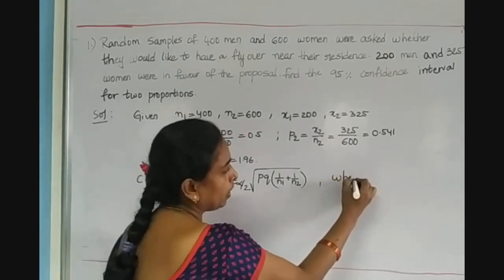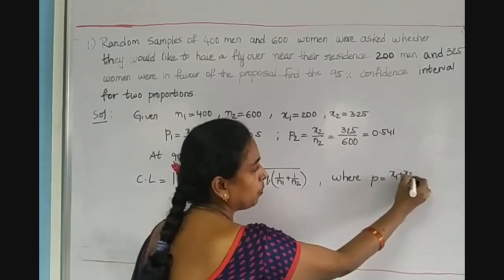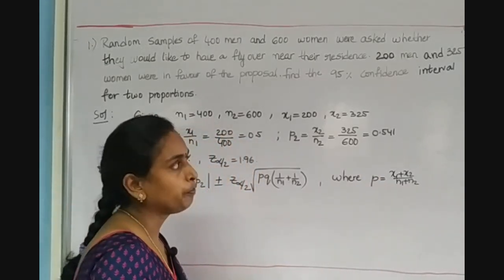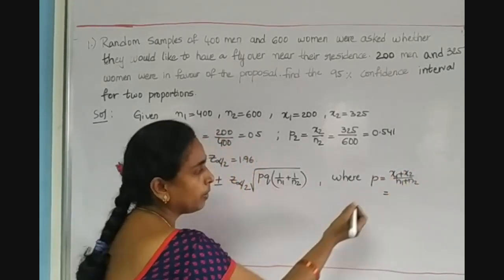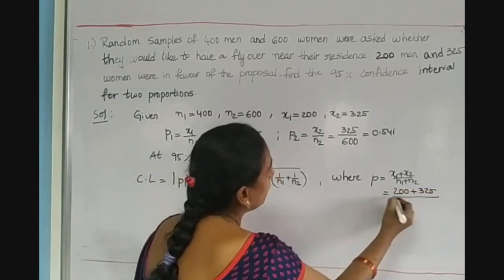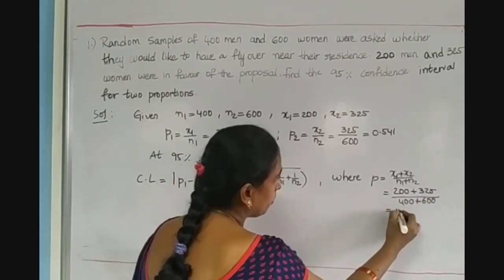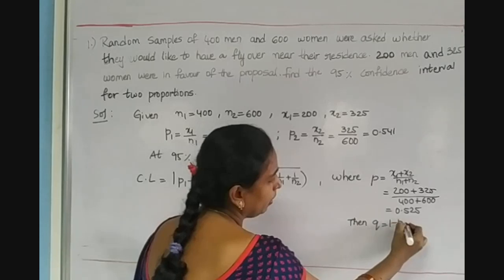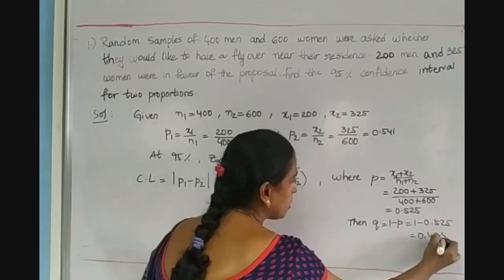Here the sample proportion P equals X1 plus X2 by N1 plus N2, or we can find P by using the formula N1 P1 plus N2 P2 by N1 plus N2. Since X1 and X2 are known, simply 200 plus 325 by 400 plus 600, which is 0.525. Then Q equals 1 minus P, that is 1 minus 0.525, that is 0.475.